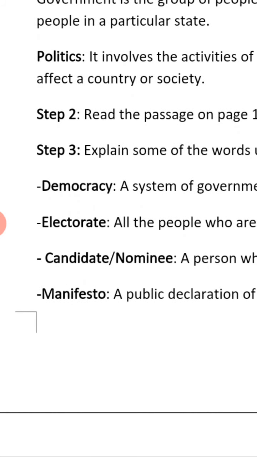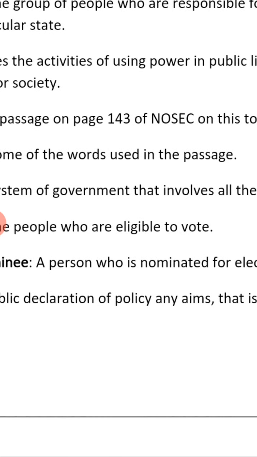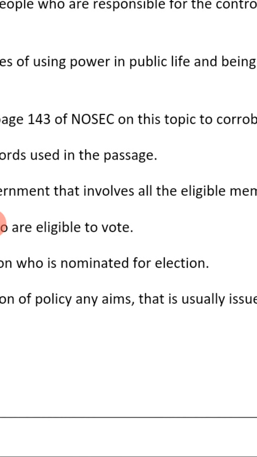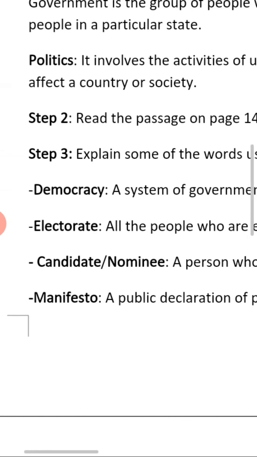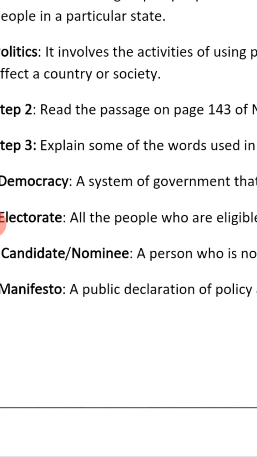Also, we have the electorate. The electorate are all the people who are eligible to vote, that is, the voters, those people who are going to vote the person they want to be in power. We also have the candidate or the nominee.